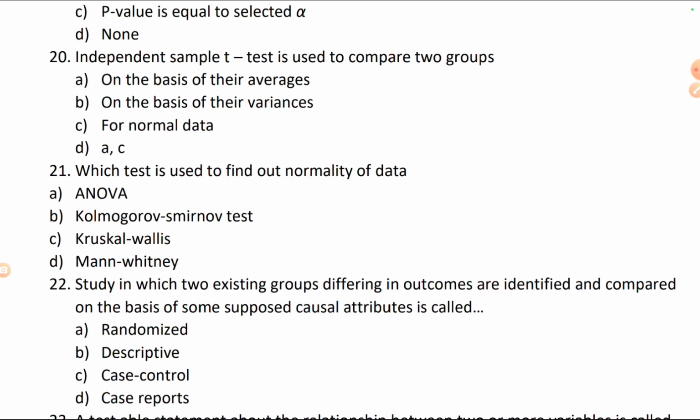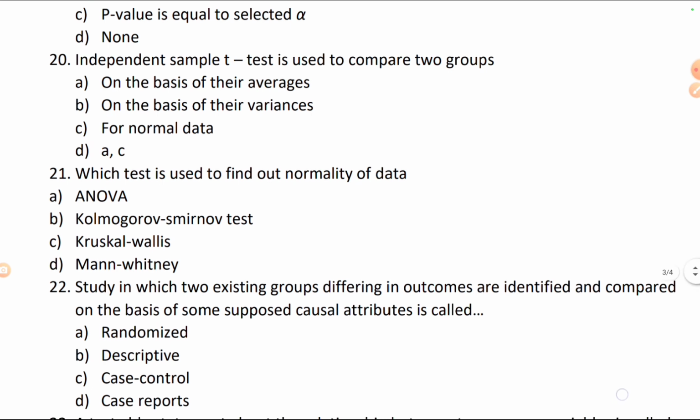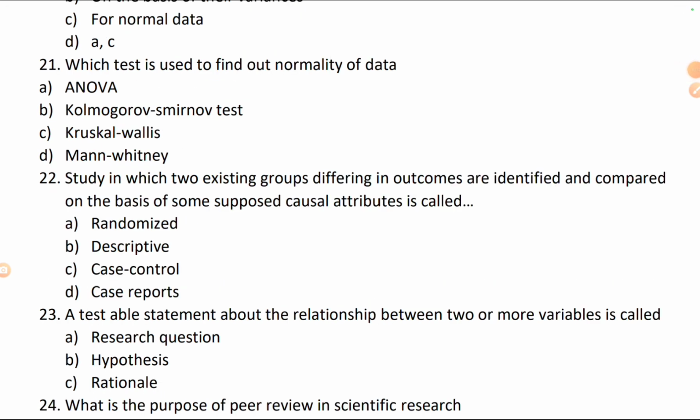Independent sample t-test is used to compare two groups option A, on the basis of their averages, option B, on the basis of their variances, option C, for normal data, option D, A, C. The answer is option D, A, C. MCQ number 21.